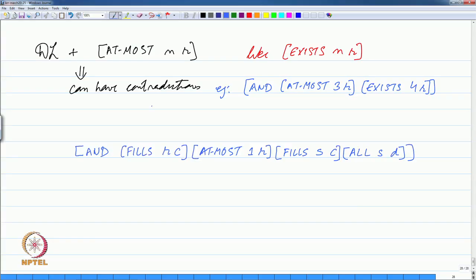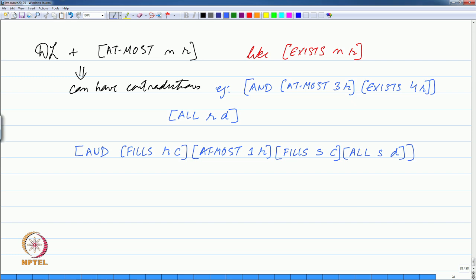Now, if you look at this concept, all R are D. What is the relation between these two concepts? You can see that this concept which uses at most should be subsumed by all R D. Why is that?